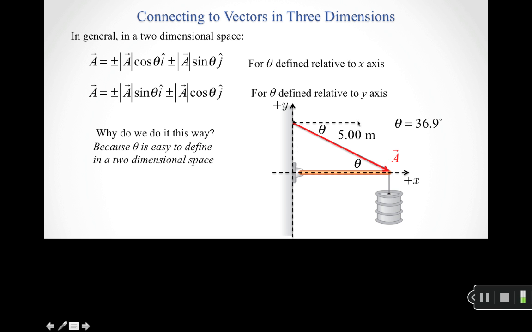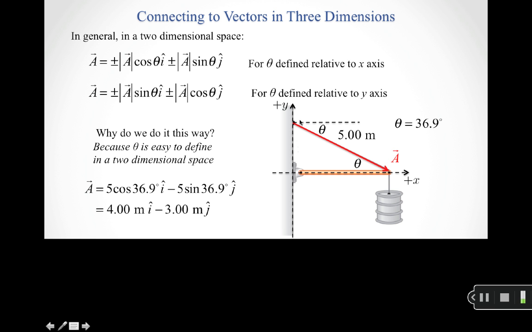Then I recognize that I've got some x component pointing in the positive x direction, given by the magnitude times cosine theta, because the x is the adjacent side. I'm going to have a y component that'll use sine theta because it's the opposite side. And so I will break up vector A into magnitude cosine theta i hat minus magnitude sine theta j hat, since the y component's pointing down. It's got to be negative.